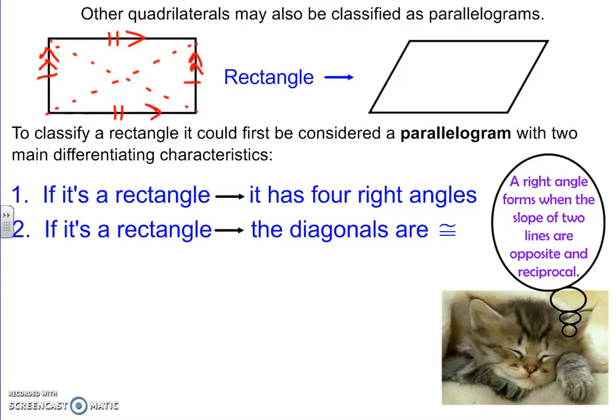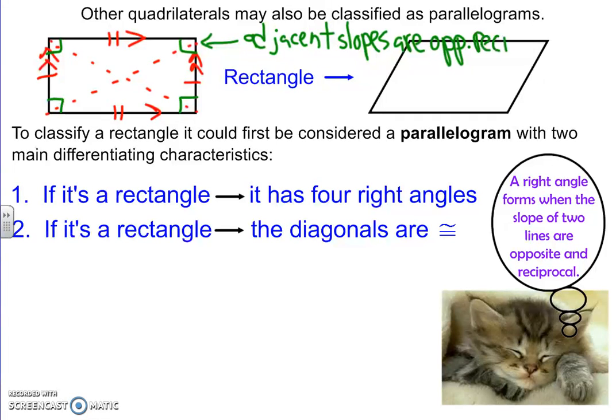But also something that's different is that if it's a rectangle, then it has four right angles. And to call them our evidence, if it's a right angle, this means adjacent slopes are opposite and reciprocal. See that in our upcoming videos.